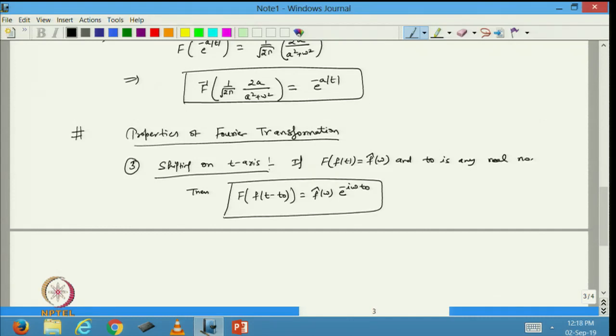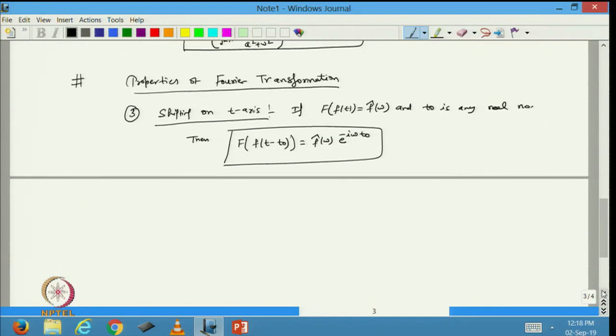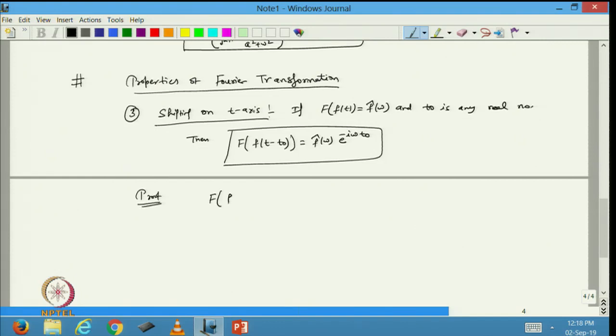So, in this case there is no need to solve the Fourier transformation again, we can use this property. The proof for this one: I want to find the Fourier transformation of the function f(t minus t naught). So, this is 1 over under root 2 pi, integral from minus infinity to infinity of f(t minus t naught) e raised to minus i omega t dt.